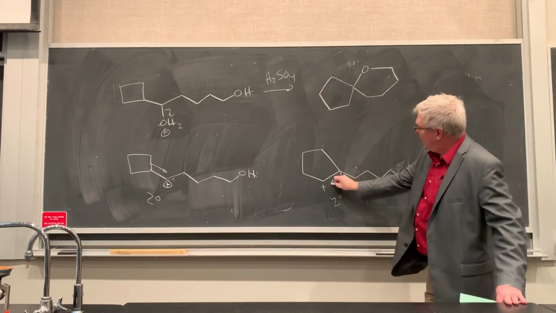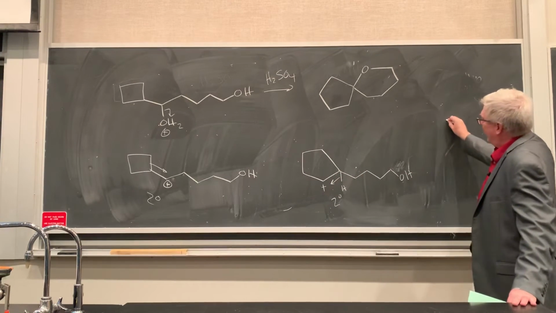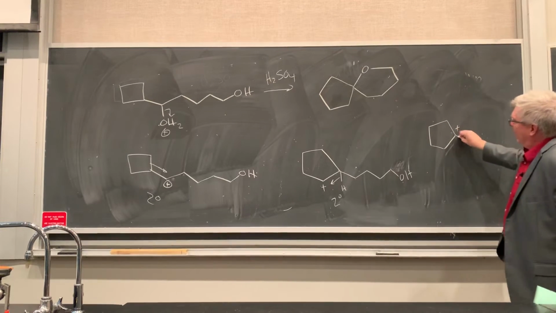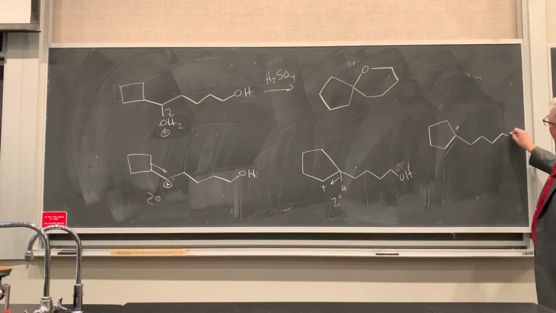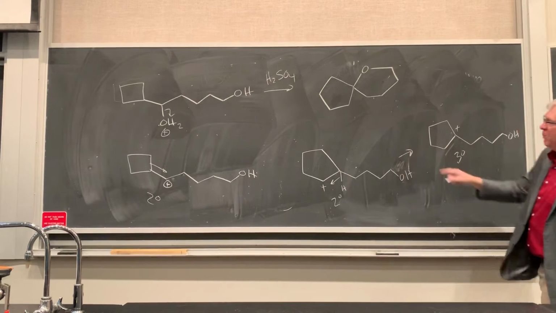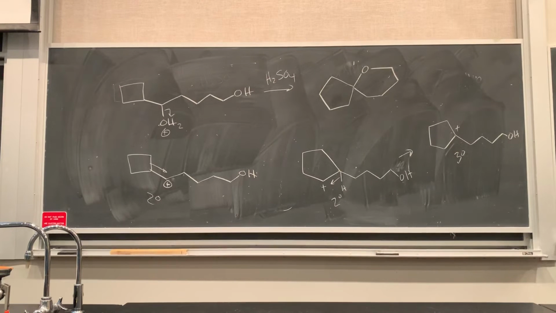But if we can do this shift here, look, we get this cyclopentane with now the carbocation right there at a tertiary spot. So the next part of the mechanism is that 1-2 shift of the hydride.